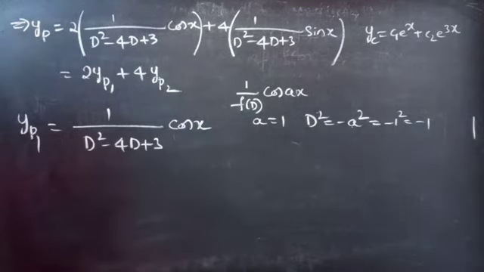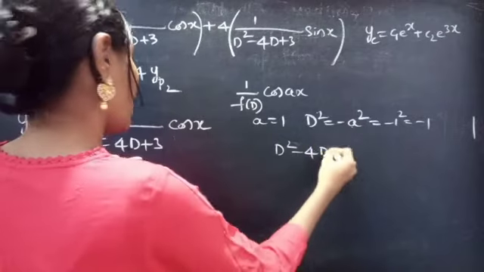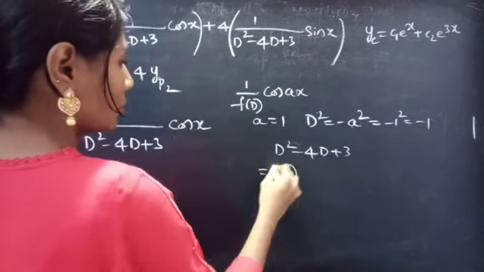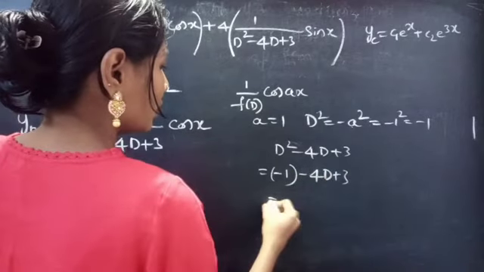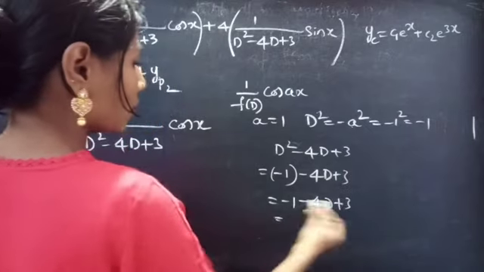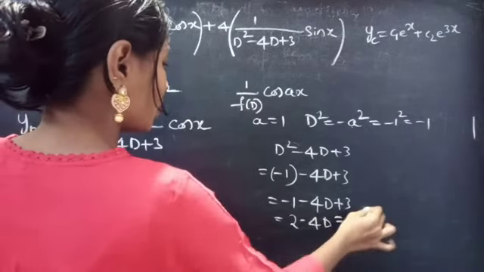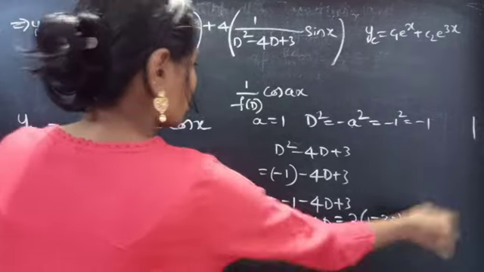Okay, I'll just take this denominator and check by replacing d square by minus 1. We'll get minus 1 minus 4d plus 3, which is equals to minus 1 plus 3 is 2 minus 4d, which is equals to, take 2 common, you get 2 into 1 minus 2d, right? Which is non-zero.